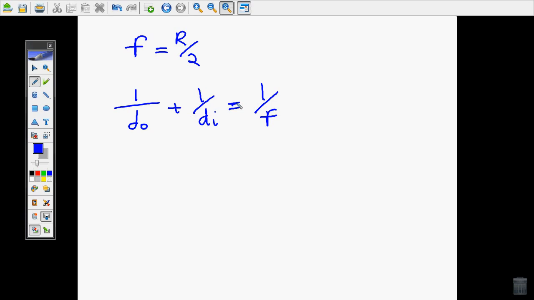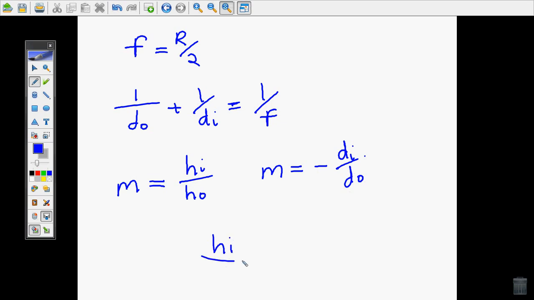You've got to do the reciprocals. And then magnification equals hI over hO, or magnification equals the negative of dI over dO. And then, of course, you can put those two together and you can get hI over hO equals negative dI over dO.